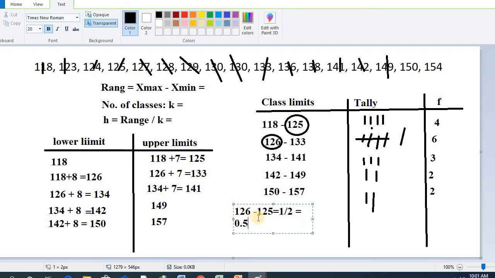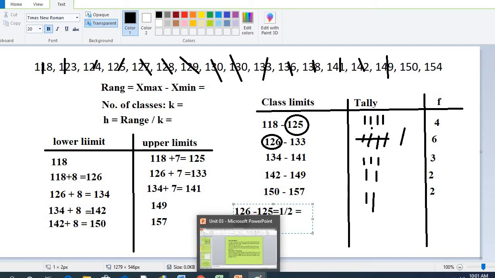So this 0.5 is subtracted from the lower limits: 118 minus 0.5, 126 minus 0.5, 134 minus 0.5, 142 minus 0.5, 150 minus 0.5. So these become the lower class boundaries, and add this 0.5 to the upper limits: 125 plus 0.5, 133 plus 0.5, 141 plus 0.5. So these become the upper class boundaries.